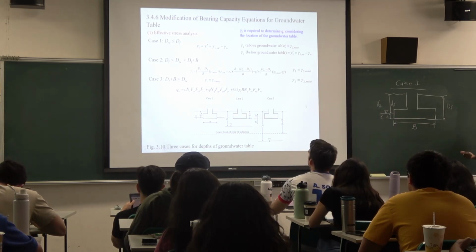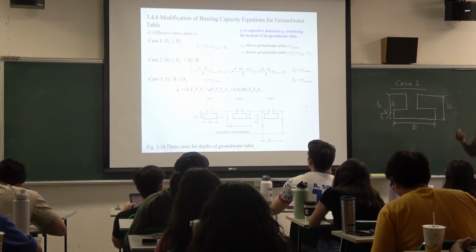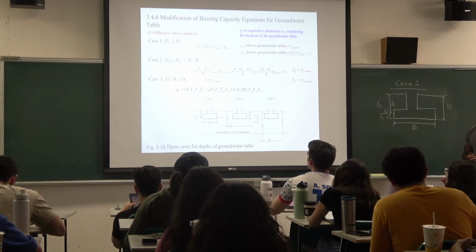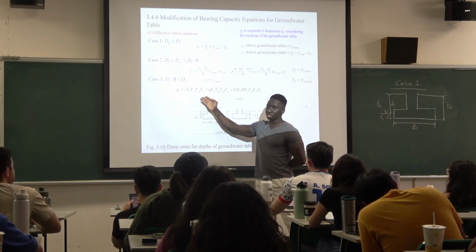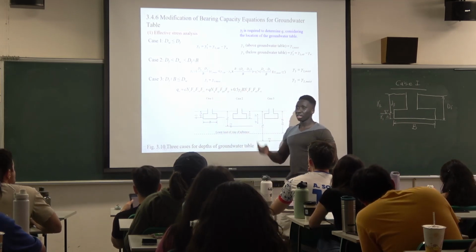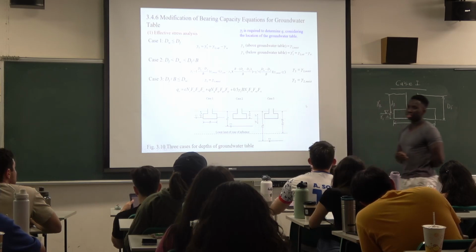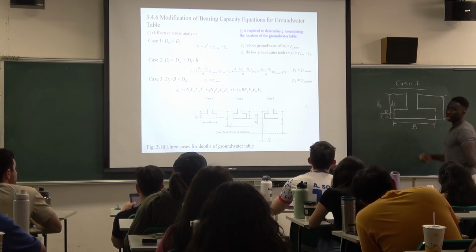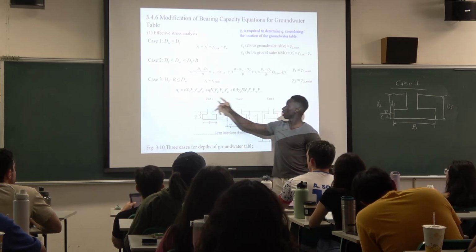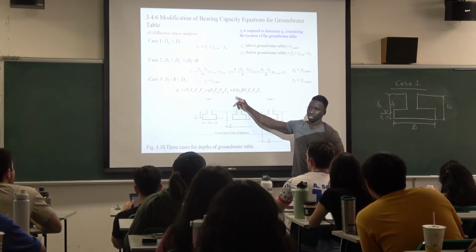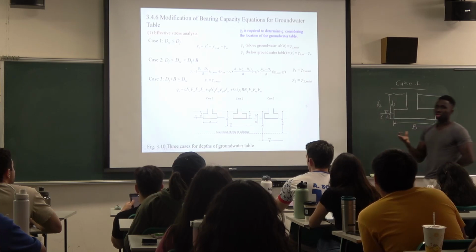The gamma effect, the Q effect, that's the stress effect, and the cohesion effect. But if you look at all these parameters here, there are only 2 parameters that are affected by the groundwater level. And those 2 parameters are this and this. They are the only parameters you need to pay attention to.